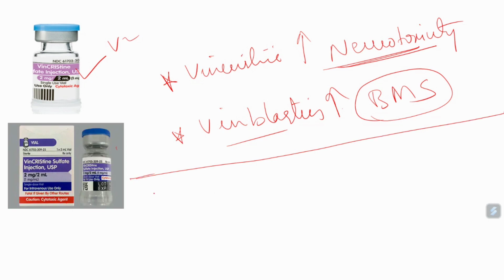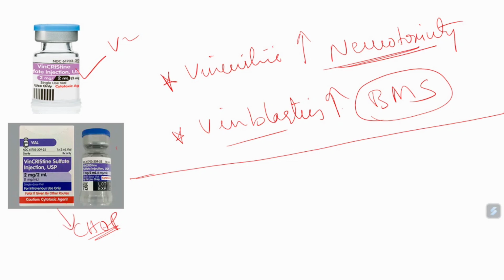Now, another important point about vincristine. Already in the group, I explained that vincristine should never be given by the intrathecal route. And in previous classes, I told you there is one regimen called CHOP. In that regimen, vincristine is one of the compounds.